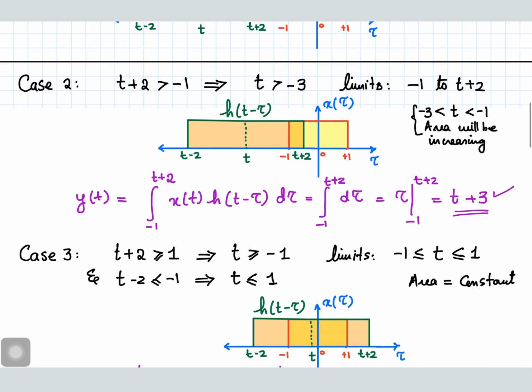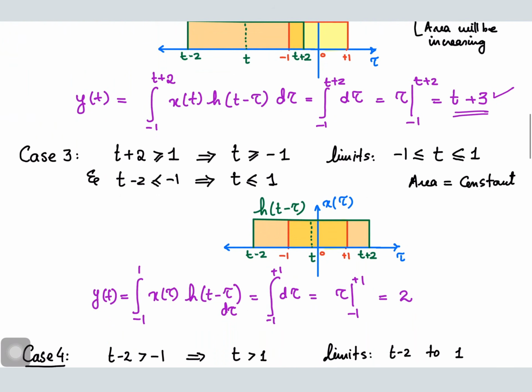Okay, now let's look at case number 3. In case number 3, we consider that t plus 2 has become greater than 1. The signal h of t minus tau is moving through x of tau, but as the width of h of t minus tau is more than x of tau, there is a constant overlap of the area.